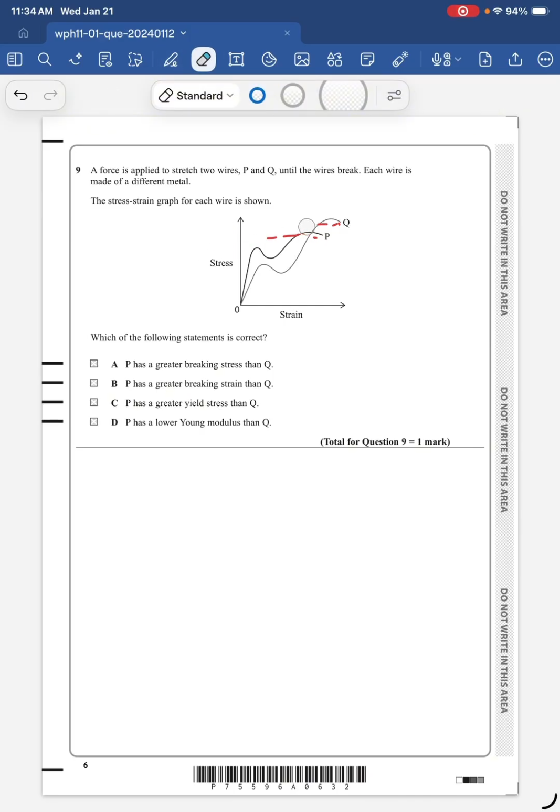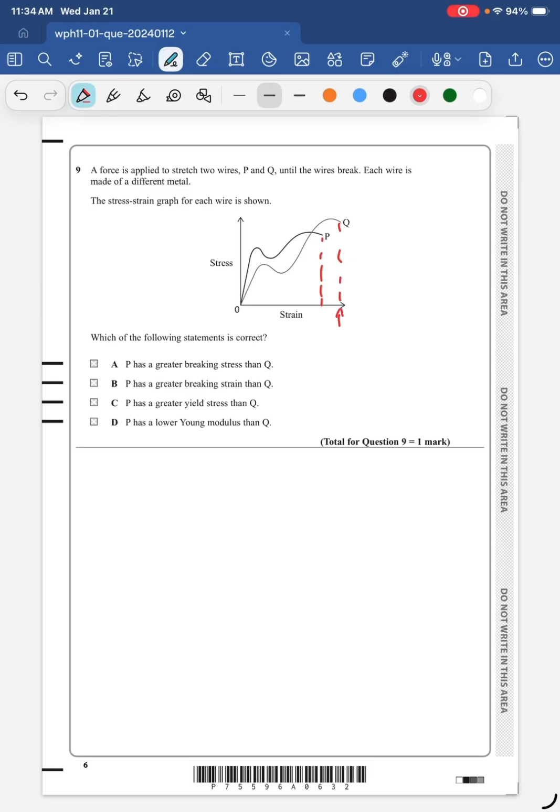Let me erase this. Option B says P has a greater breaking strain than Q. That's the breaking strain of P, and the breaking strain of Q is higher, so B is wrong.